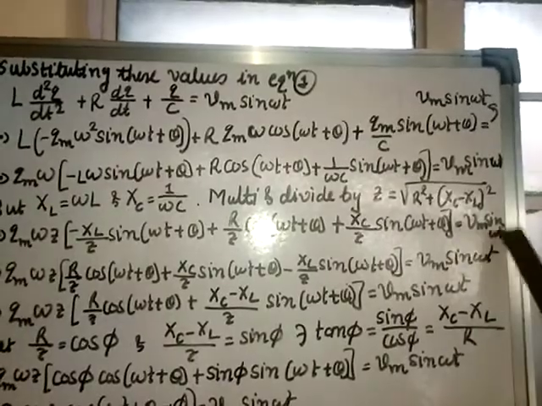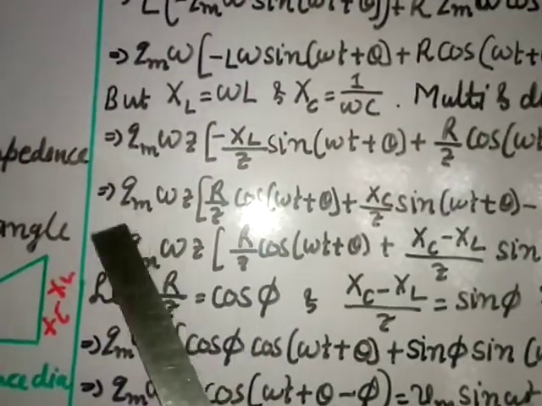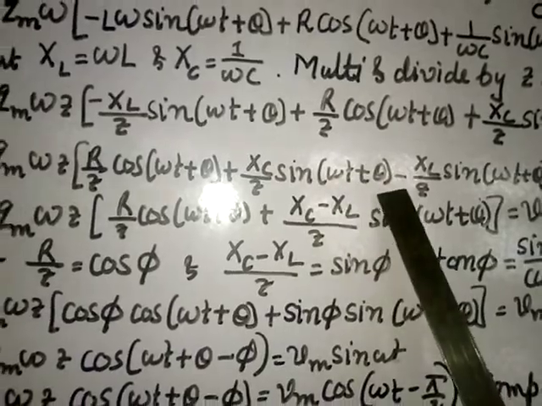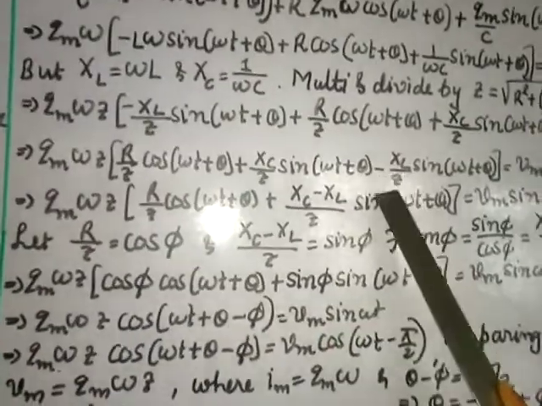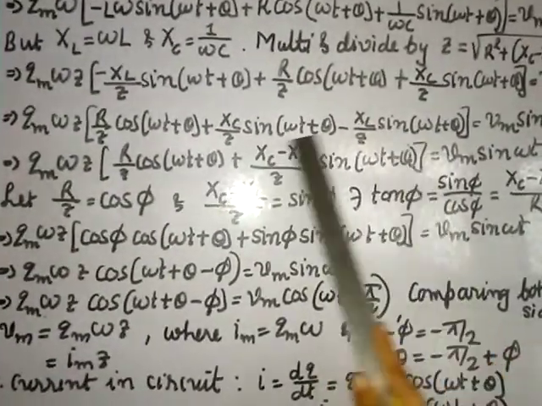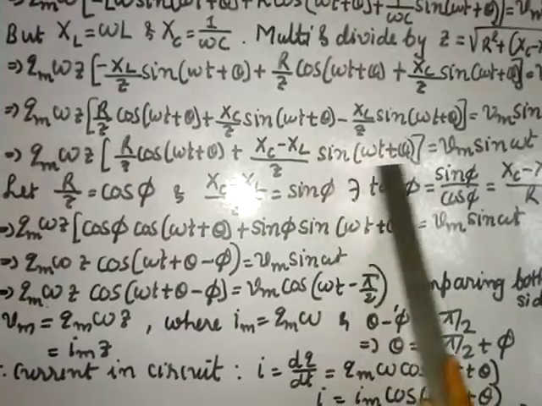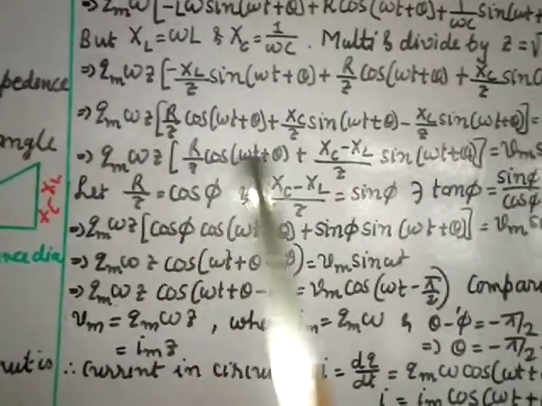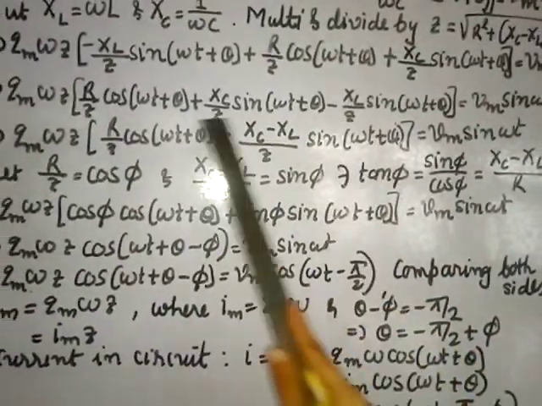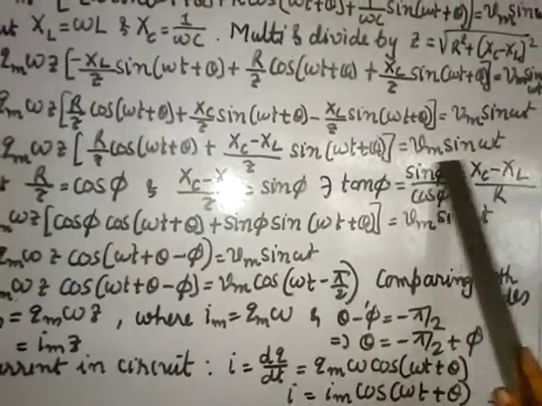Rearranging, qm omega z stays as it is, and I write first r by z cos(omega t plus theta), plus xc by z sin(omega t plus theta), minus xl by z sin(omega t plus theta). Taking sin(omega t plus theta) common, xc minus xl divided by z remains, and this side is Vm sin omega t.